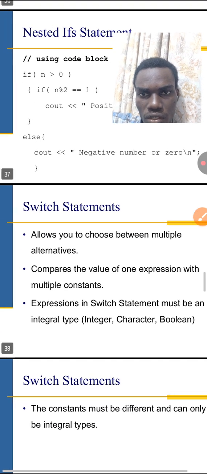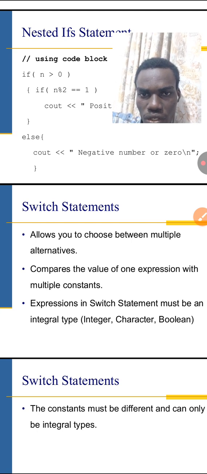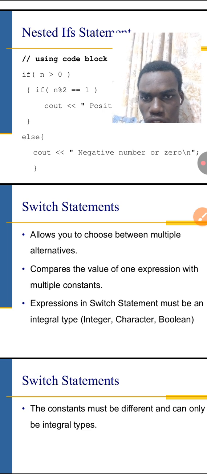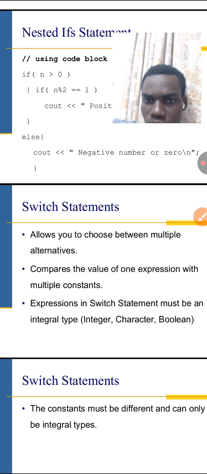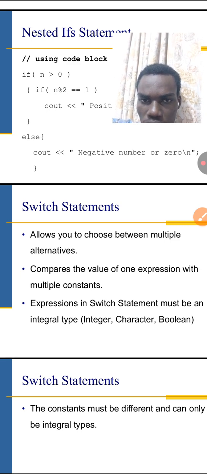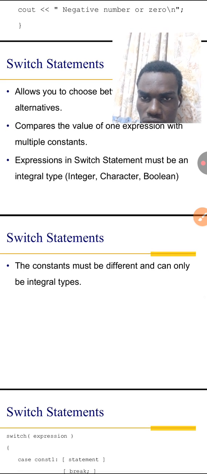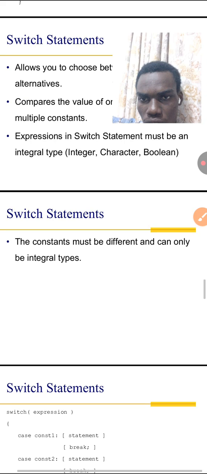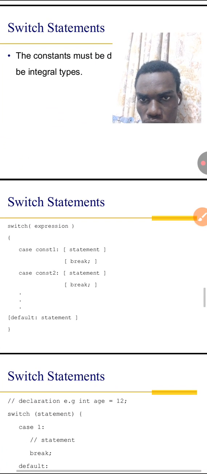Now let's look at switch statements. The switch statement allows you to choose between multiple alternatives, comparing the value of one expression with multiple constants. The expression in switch statements must be an integral type, that is, integer, character, or boolean. The constants must be different and can only be integral type. So this is how you use the switch statement.